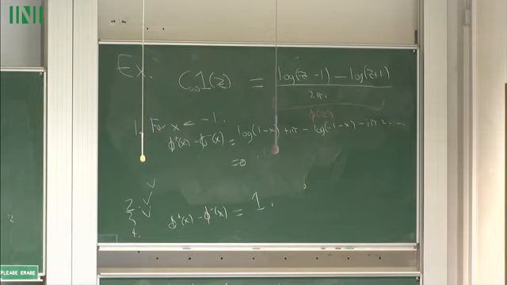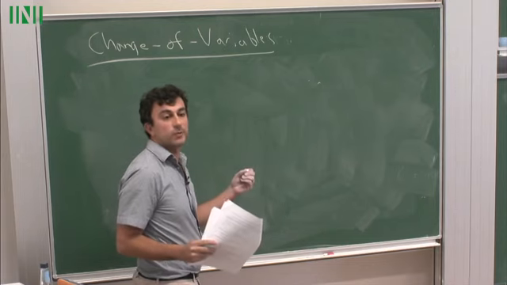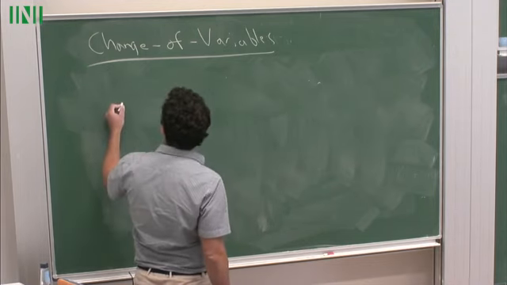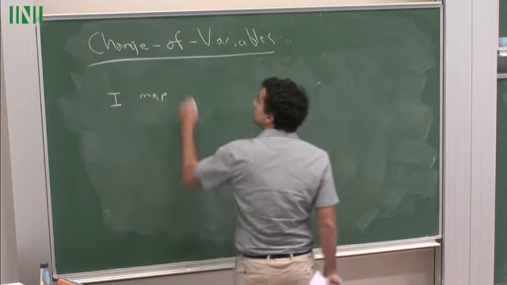Okay. So this is useful for doing change of variable formulas. So let's say, for example, we want to be able to map domains.